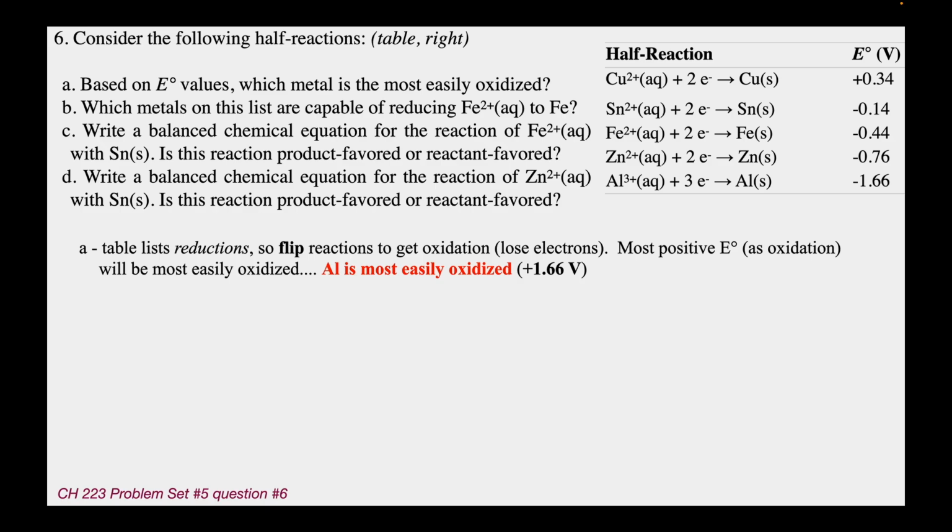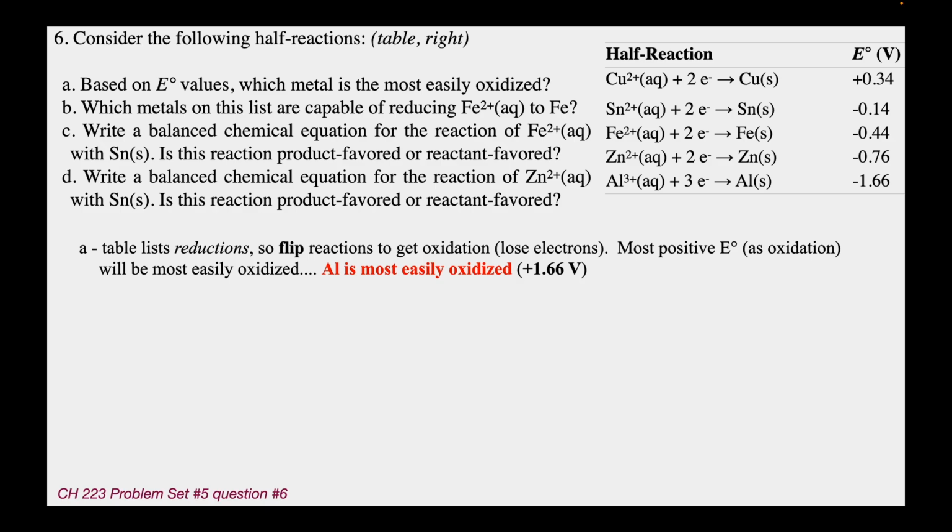So aluminum will lose 3 electrons to become aluminum 3 plus. That's aluminum being oxidized, and the most positive value there is positive 1.66 volts. Copper going to copper 2 plus would be the least easily oxidized. It's going to have a negative value, so it's not going to be very easy to do that at all. On the other hand, aluminum going to aluminum 3 plus, no problem.